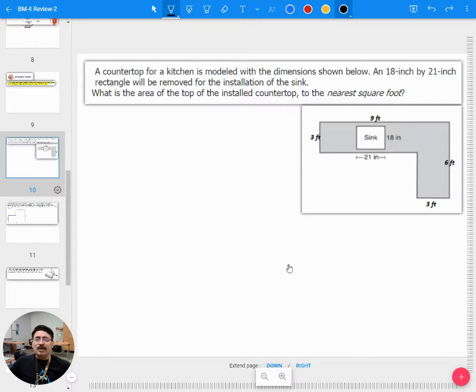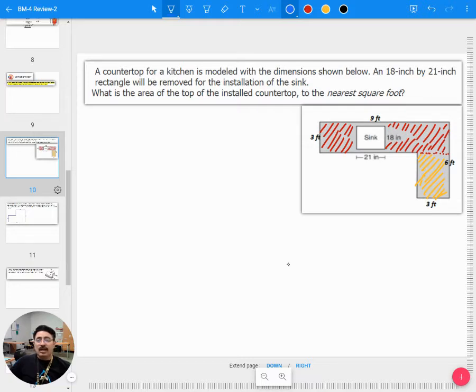So when it comes to the calculation part, now I'm dividing into three parts. I see that this is a rectangle, right? And this is the other rectangle, which is in yellow color, and the sink is the third one.